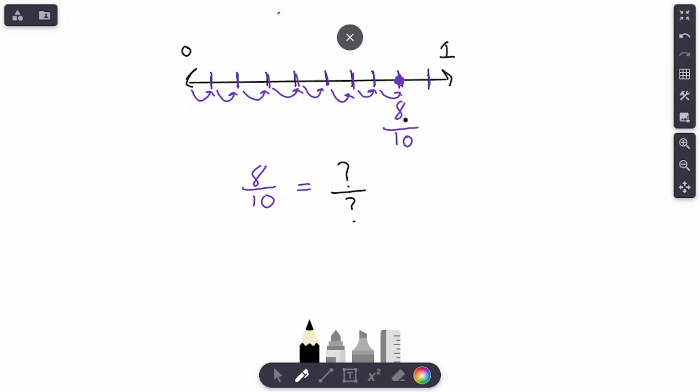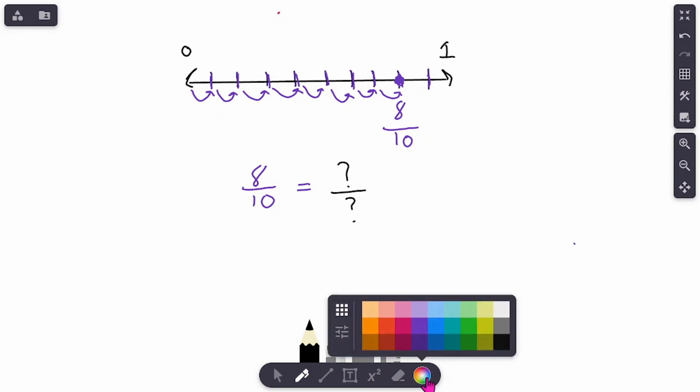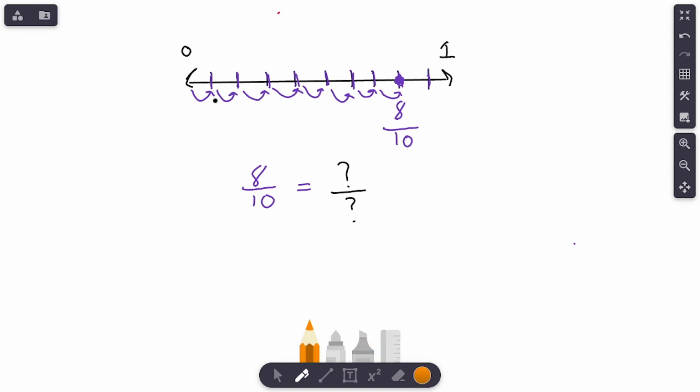All right, here's 8/10. Now, our job is to see if we can create an equivalent fraction for 8/10. So, if you think you may know, pause me. Try it on your own. So, trying to figure out how we could represent 8/10 as an equivalent fraction.